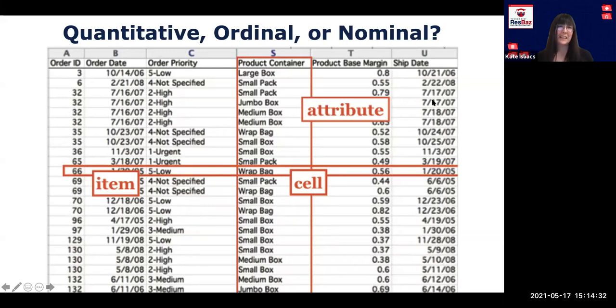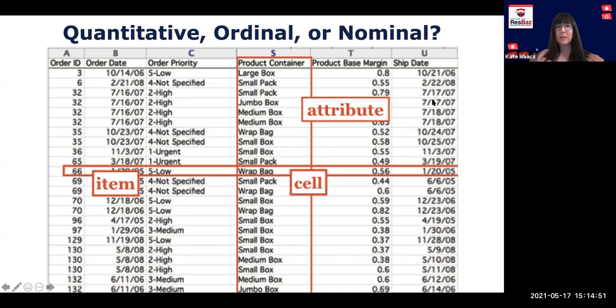I asked this and then I look and I'm like, is there something nominal in here? There's a way of looking at it where the order ID, I guess you could order that, by the order in which they came. So maybe we don't have any nominal, but some would see it as nominal.